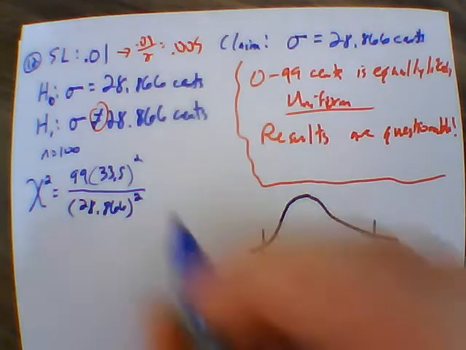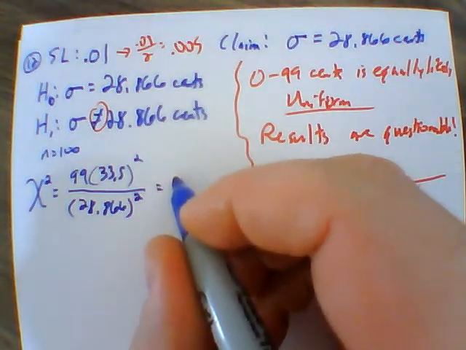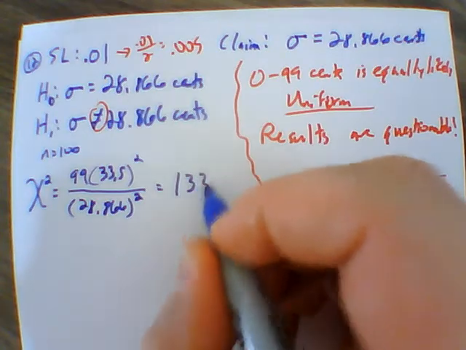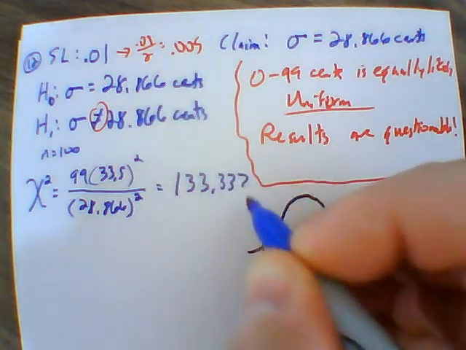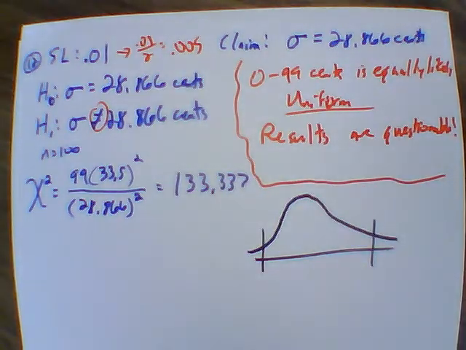Calculating this out, it equals 133.337. Now we have to figure out what our critical values are.